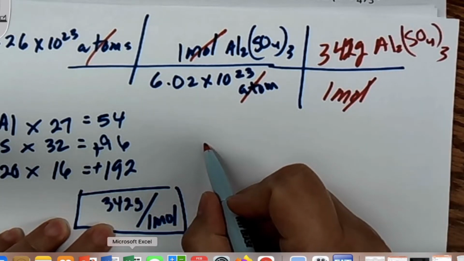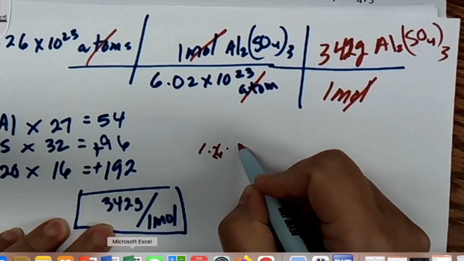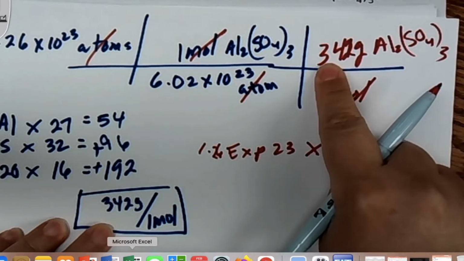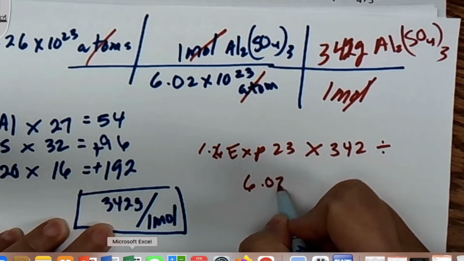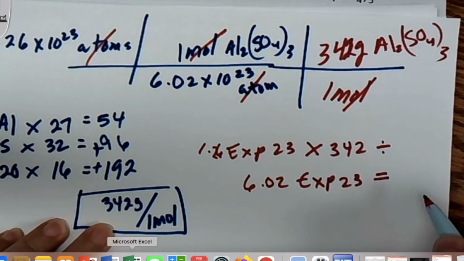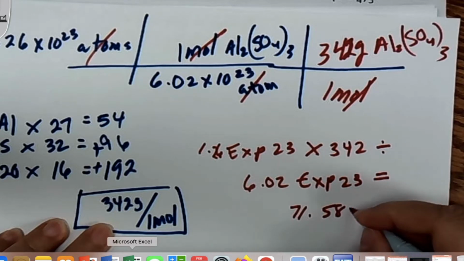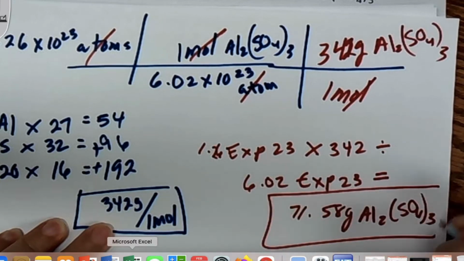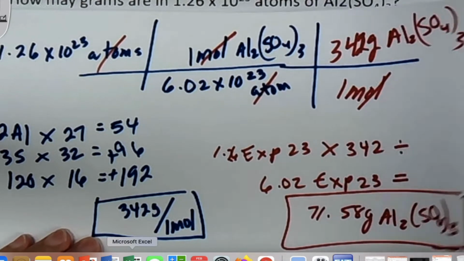So we take 1.26 EXP 23 times 342 divided by 6.02 EXP 23 equals. The answer is 71.58 grams of aluminum sulfate.